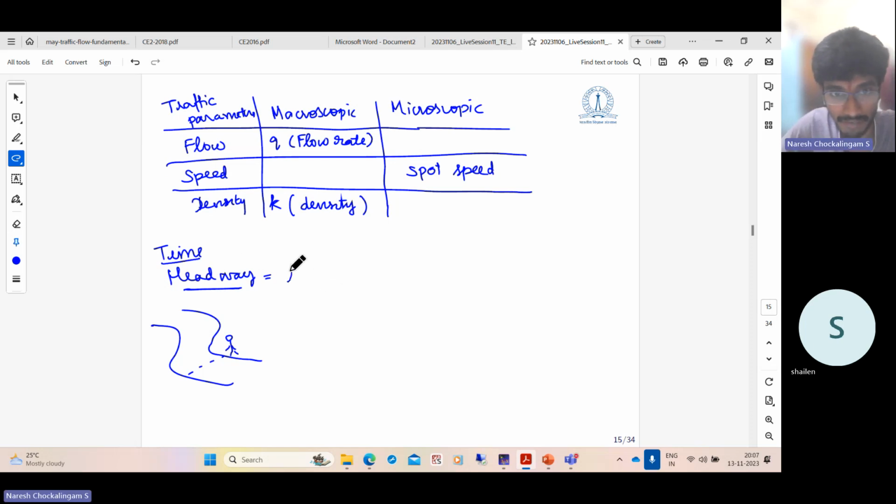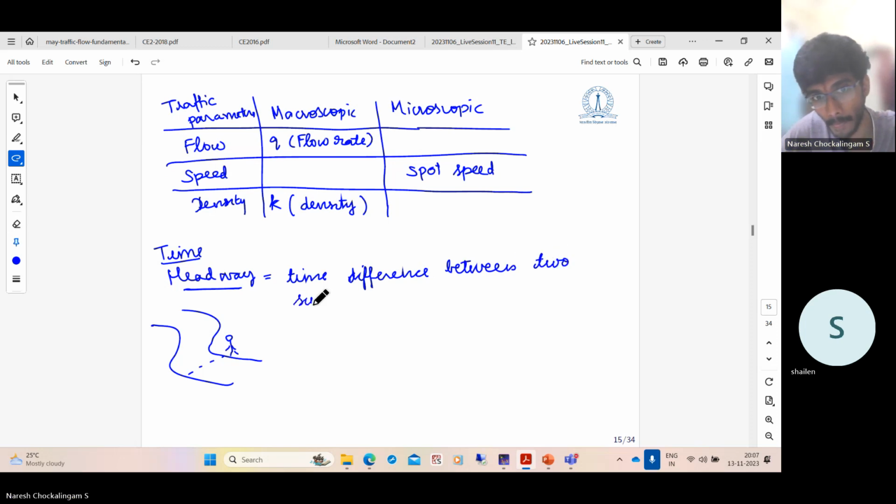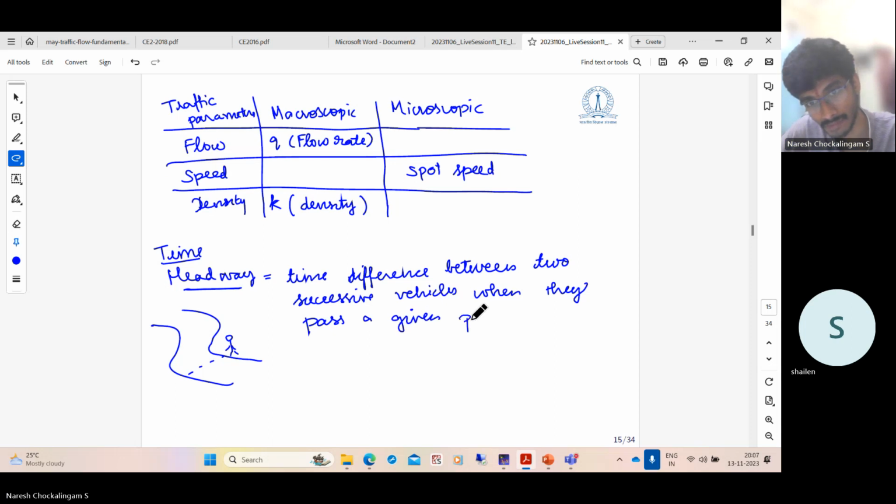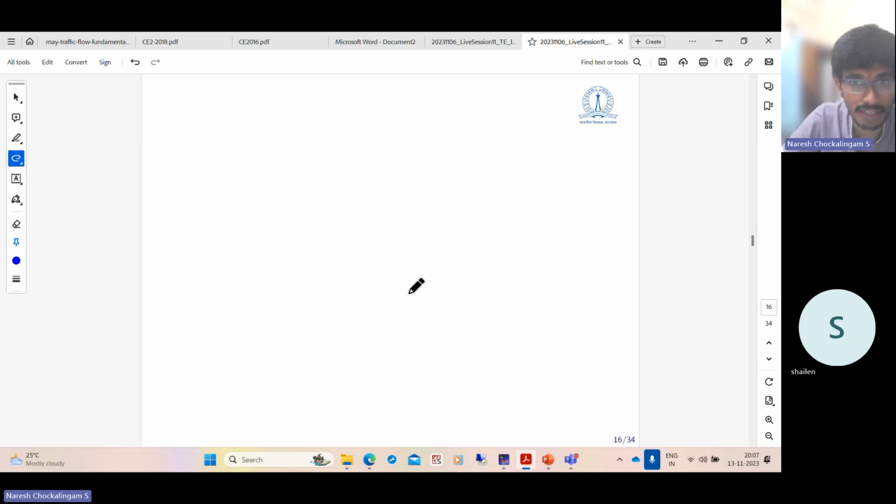The time headway is the time difference between two successive vehicles when they pass a given point. So this is a microscopic characteristic. Instead of counting the total number of vehicles and dividing by the time, you can measure the gap between individual vehicles.